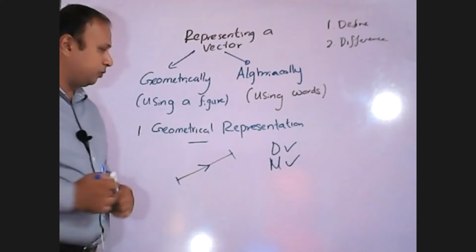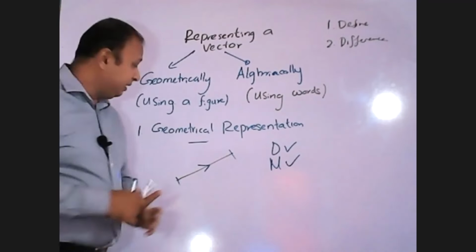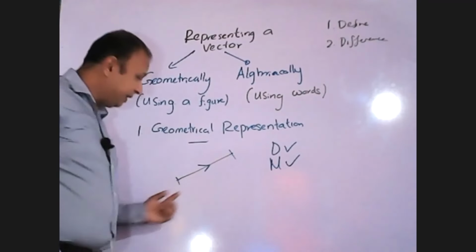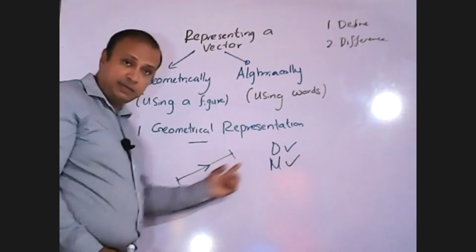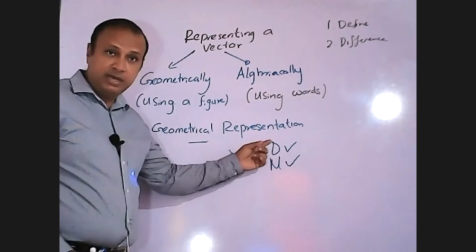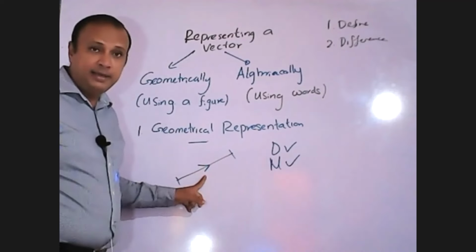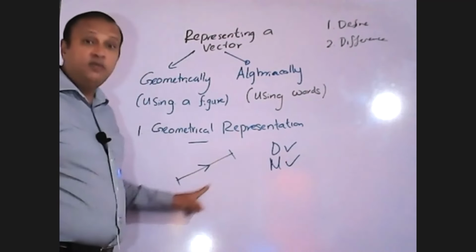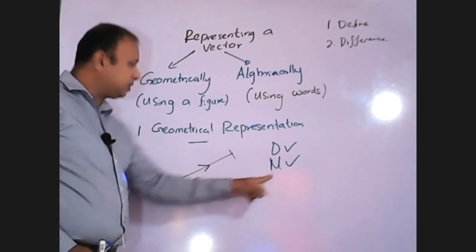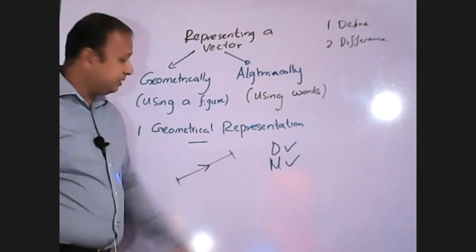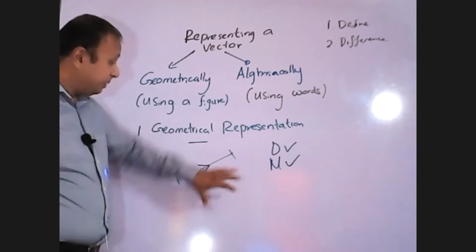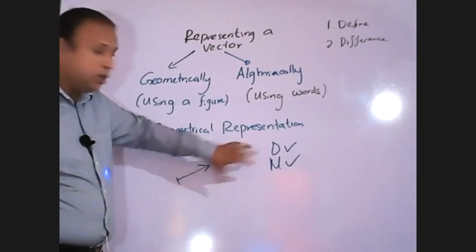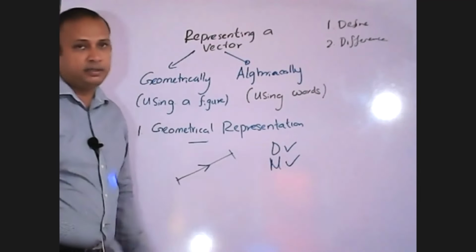Now it is sorted out. We draw a line segment in the direction of the vector and use an arrowhead to represent the direction, and we use the length of this line segment to represent the magnitude of the vector.